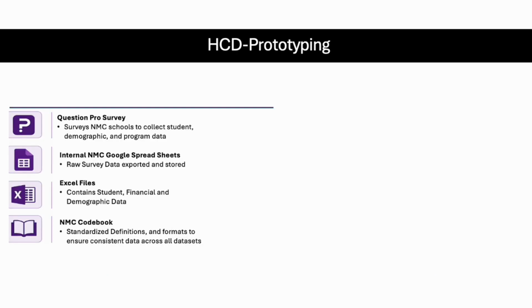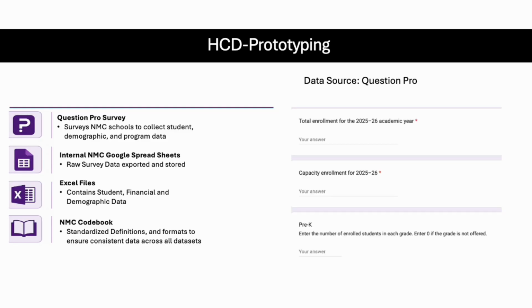Next, for our prototyping, we had to take data from four different sources: Question Pro, internal NMC Google spreadsheets, Excel files, and the NMC codebook. Our first data source is Question Pro.